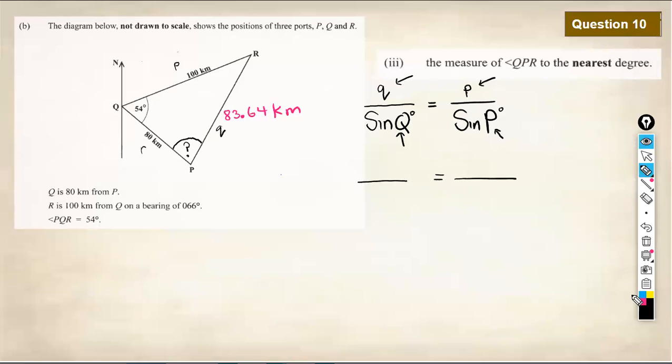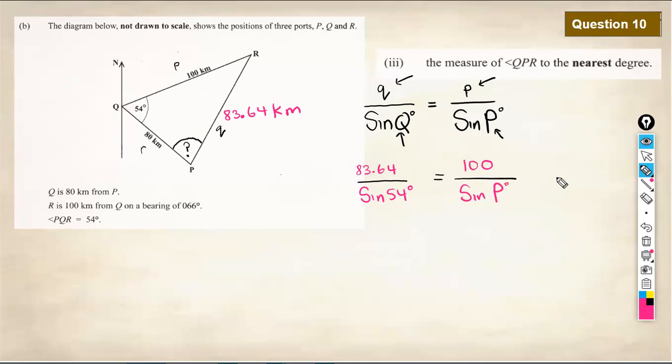So let's substitute in what we have. Common Q, I'm using the 83.64. Sine capital Q, how much is capital Q? 54. Common P is 100, and we're trying to find capital P.